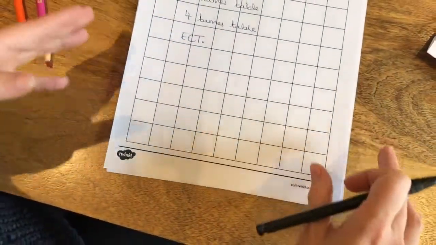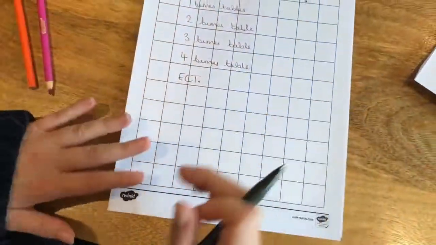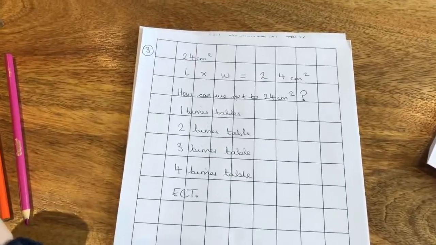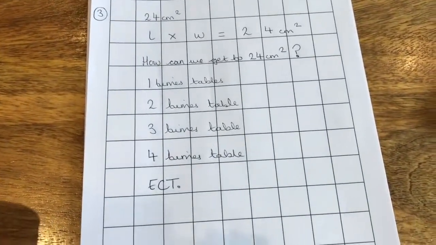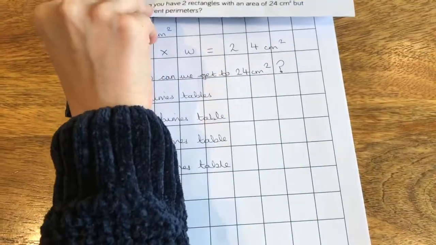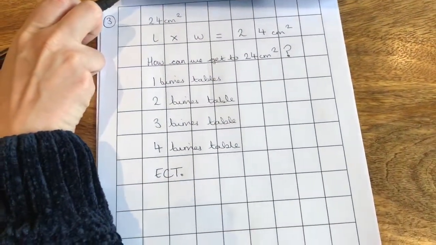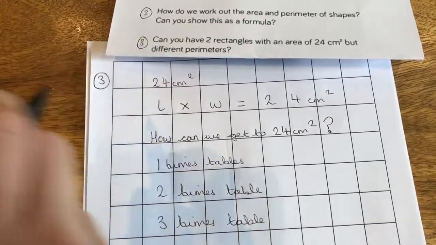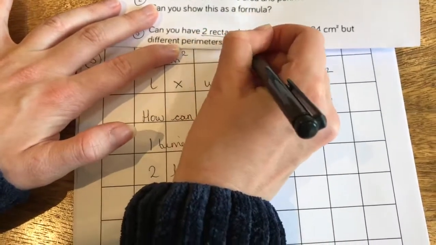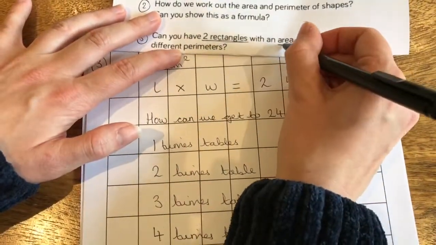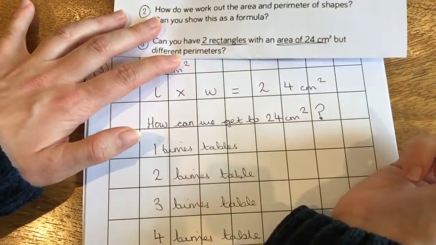Right, our final question, which is a little bit of a problem to solve. Can you have 2 rectangles with an area of 24 centimetres squared, but different perimeters? Okay, so that is our question there. Can you have 2 rectangles, that's what we're trying to do, 2 rectangles with an area of 24 centimetres squared.